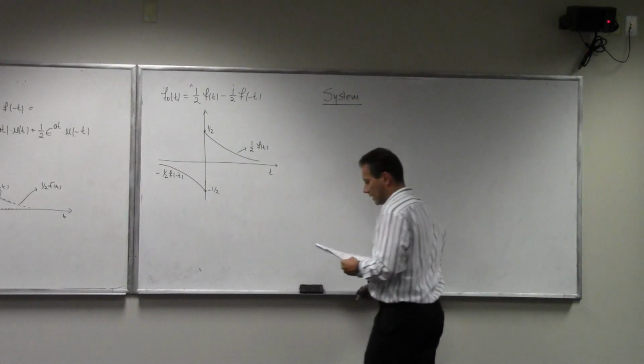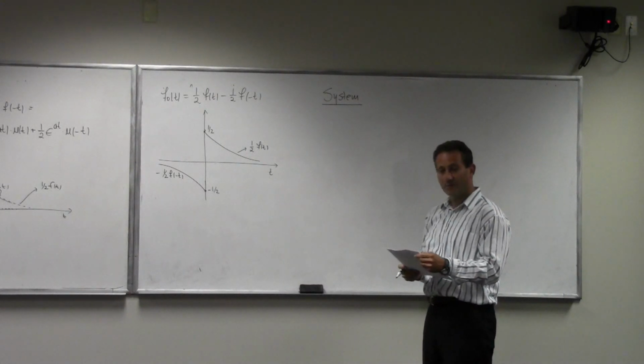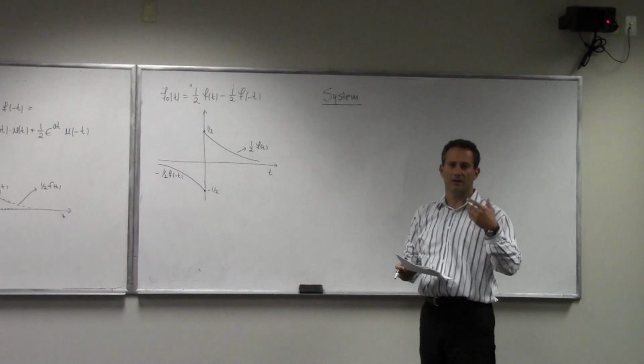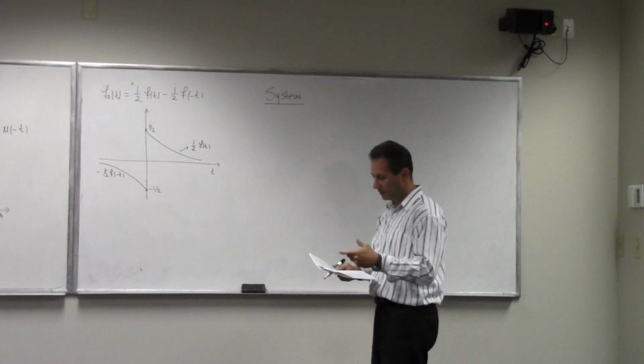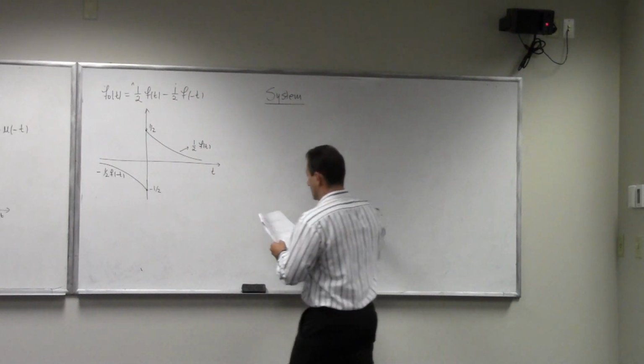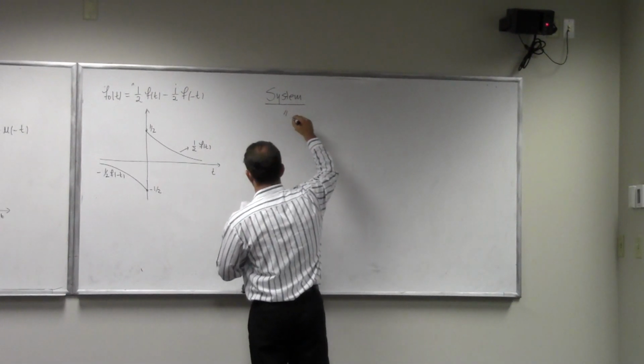And I'm going to kind of write the definition. There are various ways of defining it, and they're kind of guided by what it is that you're actually trying to do. And in this course, we define a system in the following way.